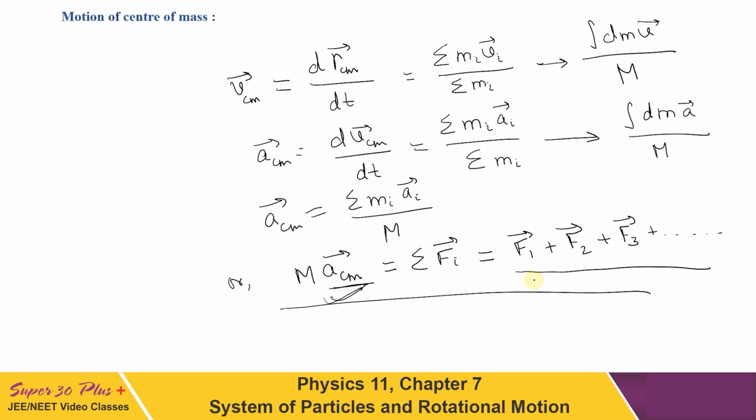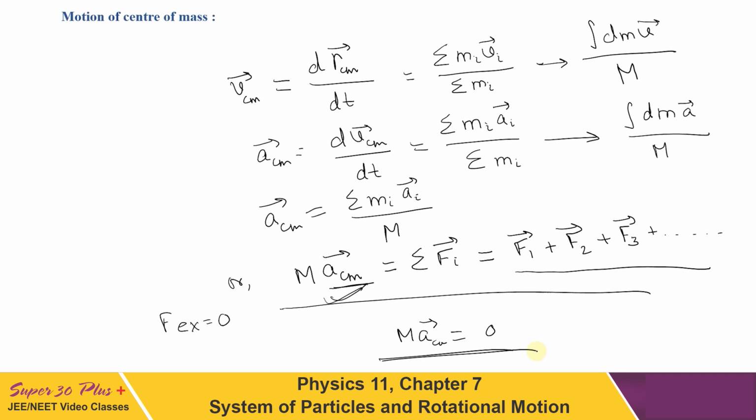One more very interesting thing can appear from here: if the forces are only mutual interaction, if we are considering a closed system in which there is no external force, then we can write this summation has to be equal to 0, because the forces will be action-reaction pairs, and then a_CM has to be equal to 0.